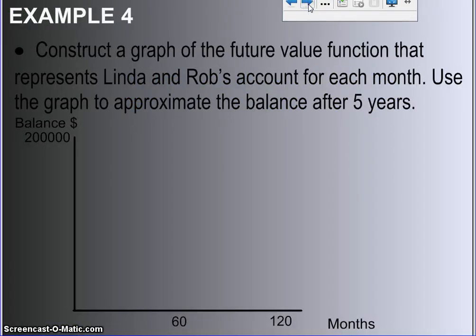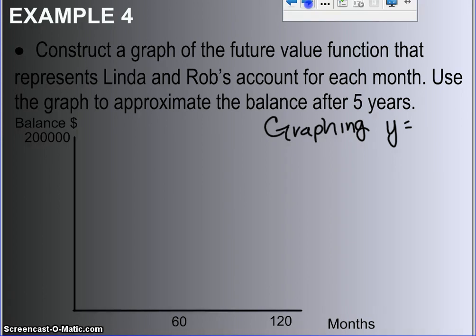Last one says that we're going to construct a graph of the future value function that represents Rob and Linda's account. And we can do this one of 2 ways. We can plug in the value, and if you're looking at a TI-83 graphing calculator, under y equals, we're going to plug in the actual formula, using x for my number of years.